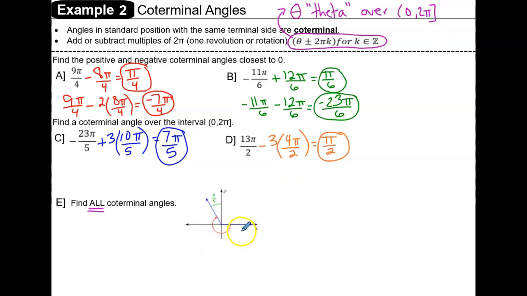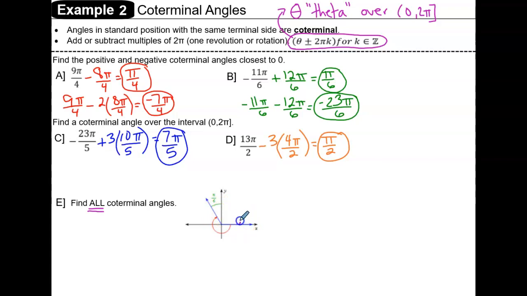So when I look at my sketch, I can see that the given angle is a negative angle because the rotation from the initial side to the terminal side is clockwise. But I want to use in my expression a positive angle that's coterminal over the interval 0 to 2 pi. So rather than go ahead and find the negative and then add 2 pi to get positive, I'm just going to go ahead and start with my original angle, but going counterclockwise instead of clockwise.